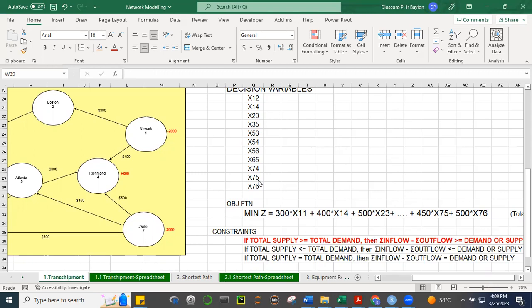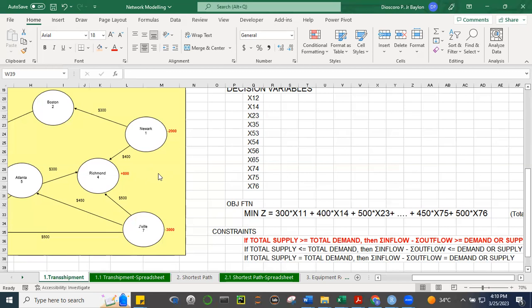Anyway, I'll post the video, no? And my request, class, make sure that you are able to set up the constraints. It's pretty straightforward because you'll just take a look at the inflows. So for example, see node number 4. All of it are inflows. So add x74 plus x54 plus x14, and then minus outflows, no outflows.